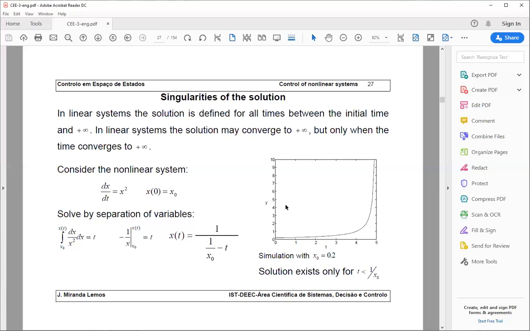The fact that you have such phenomena in nonlinear systems prevents you from having a separation theorem. Imagine that you are able to design a state observer, for instance, a replica of the system, and then I re-inject the output.